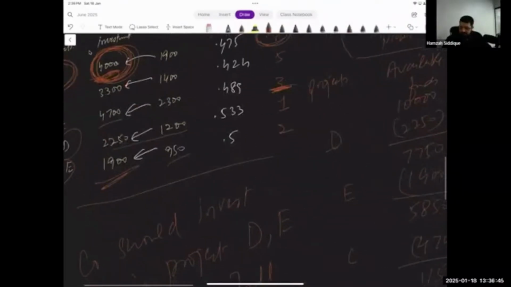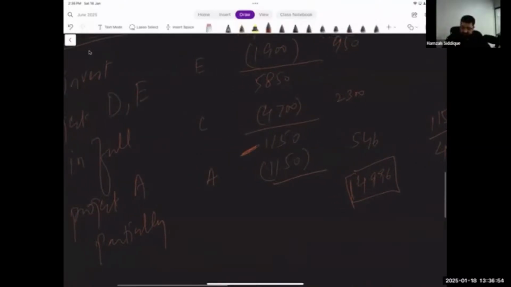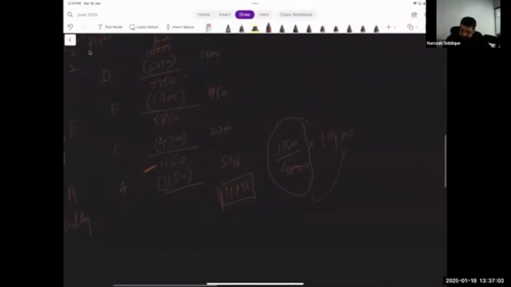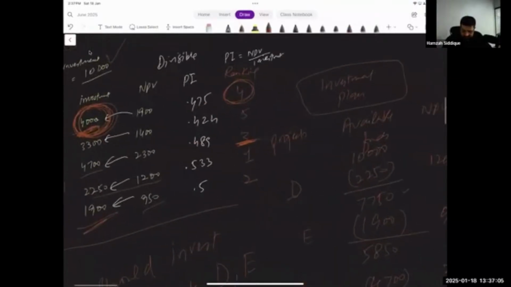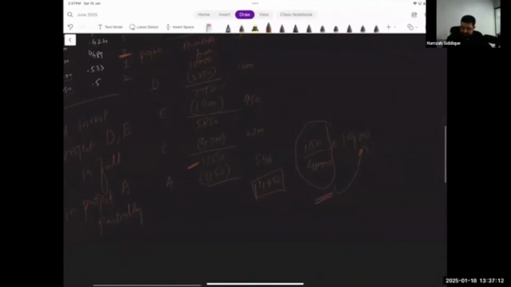We have only 1,150, so we can invest only 1,150. Projects are divisible, so we will take 1,150 out of 4,000. This percentage we can invest, and the same proportion of its NPV. NPV is 1,900, so we take the percentage of investment times the NPV. Got it? Is that clear?